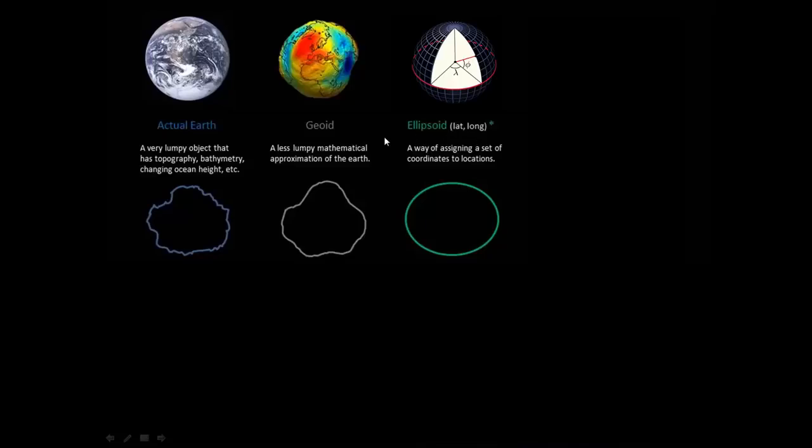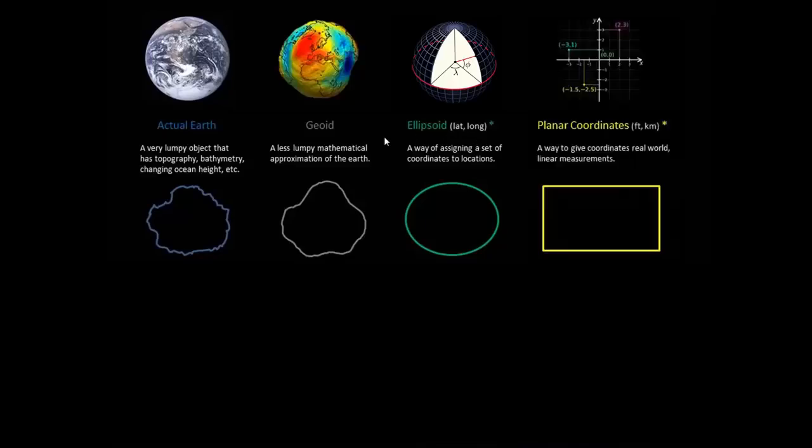So the next thing we do is we make a planar coordinate system, a Cartesian coordinate system, just X and Y. And if we can get from here to here, then that means that we can actually measure, okay, this is 2 feet, and that's 2 feet. 2 times 2 is 4. That's 4 square feet, right? We can actually make measurements in a plane, whereas when we're on an ellipse, it's very difficult to easily make measurements.